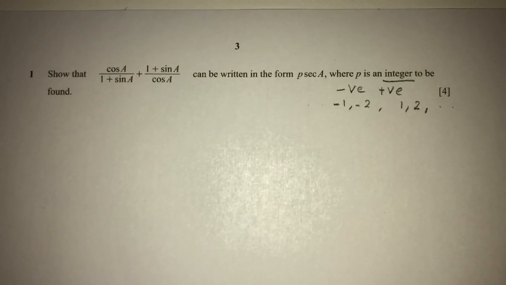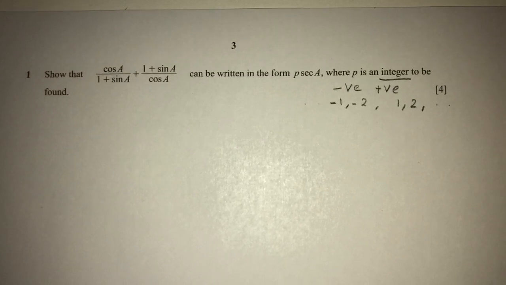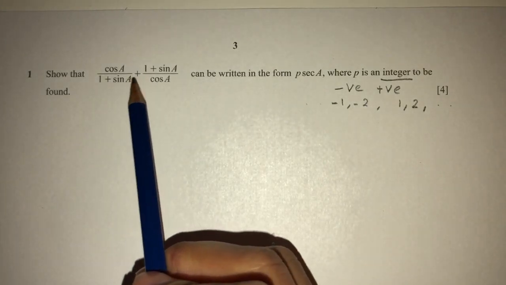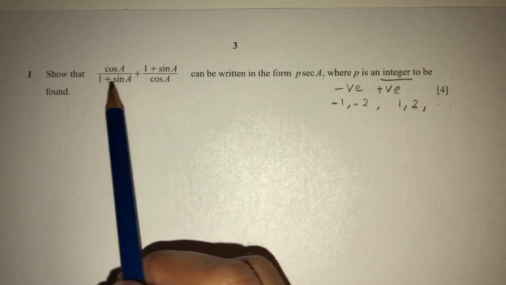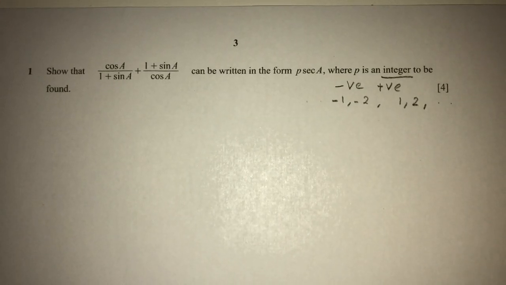Now we have to show these two fractions add up to p sec A. I know at first it can seem difficult, but as always, we have to proceed one by one. The first thing we realize is this is addition of two fractions and the bases are different. So what do we do? We have to make the bases the same.